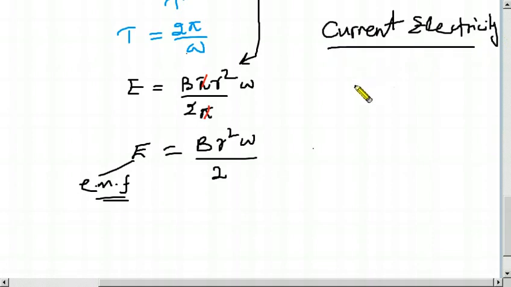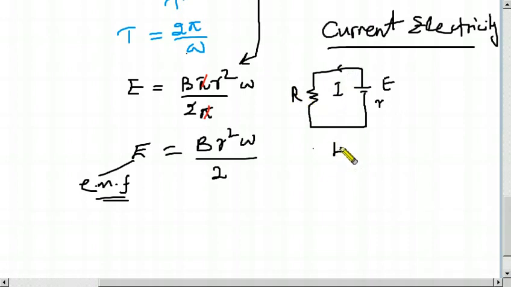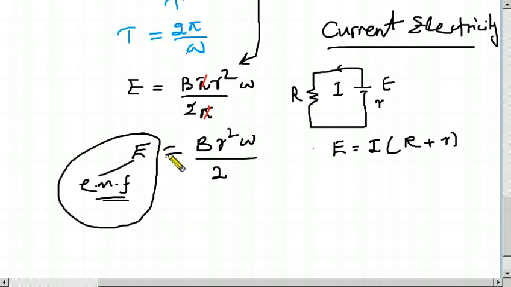There you know, if there is a battery and a resistor, if the EMF is E, internal resistance small r, external resistor capital R, current I. So you know the equation for such a circuit, E equals I times (r plus R). Here now we can use this equation, because this one is also an electromotive force, but this one is chemical and this one is magnetic.